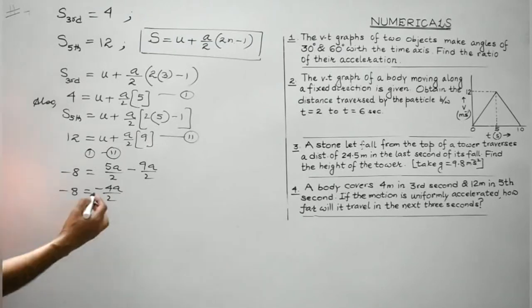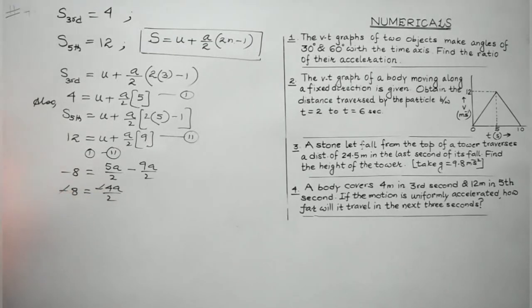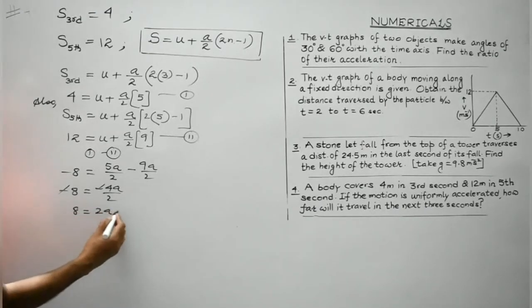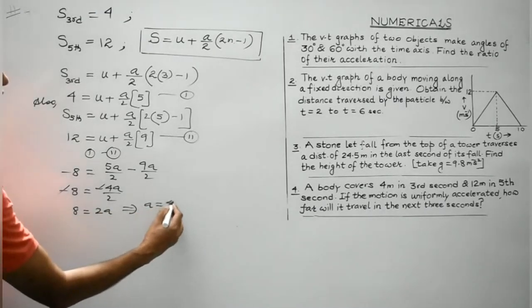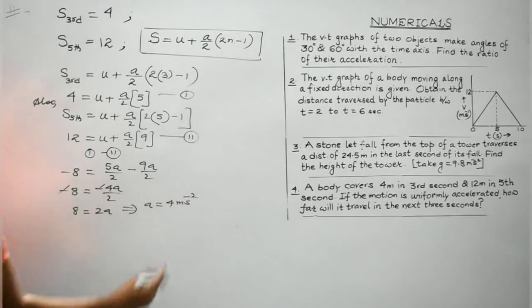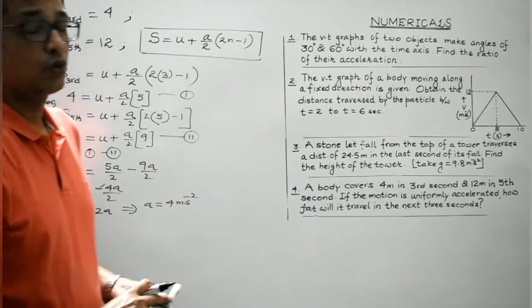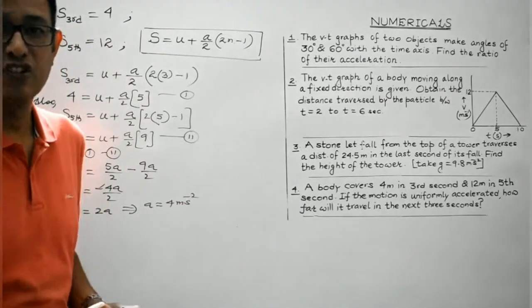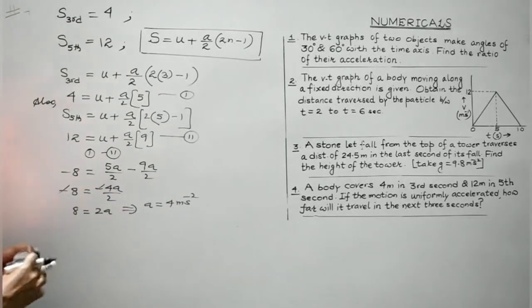Isn't it? Minus gets cancelled. So we are left with 8 is equal to 2a, which implies that a is equal to 4 meter per second square. So students, we are able to get the acceleration. So it is obtained to be 4 meter per second square.